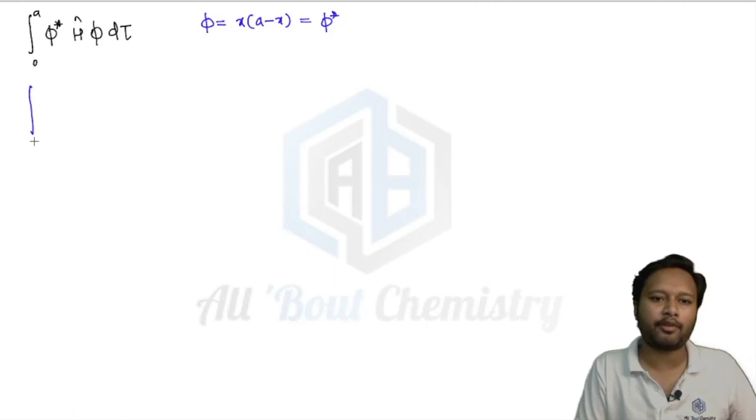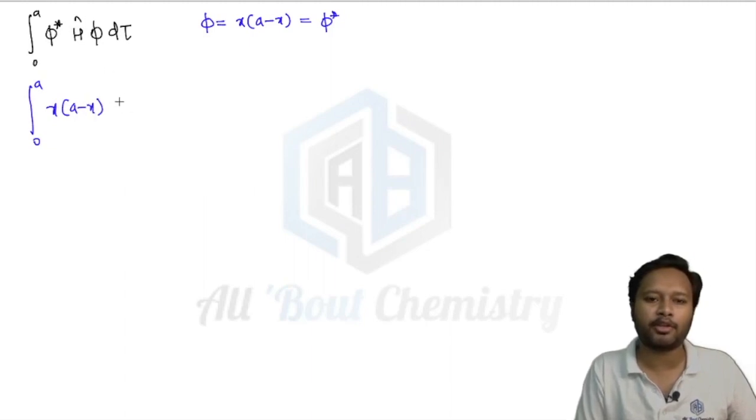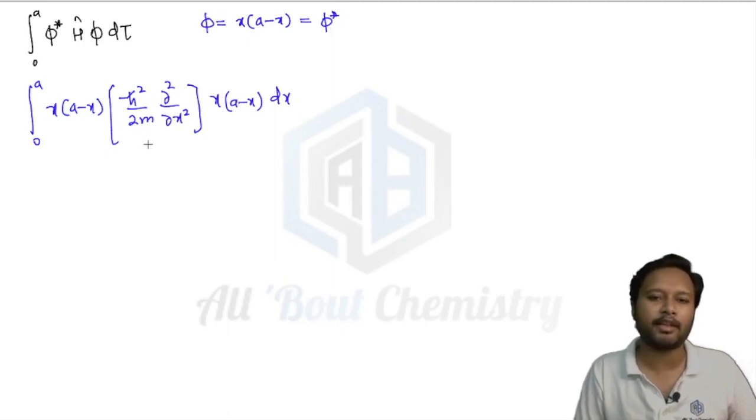So I will have from 0 to a, my phi star as x times a minus x. The Hamiltonian is minus h cross square upon 2m del 2 by del x square, and then I will have x times a minus x, which is the value of phi, and instead of d tau I will write dx. This is as simple as it is.